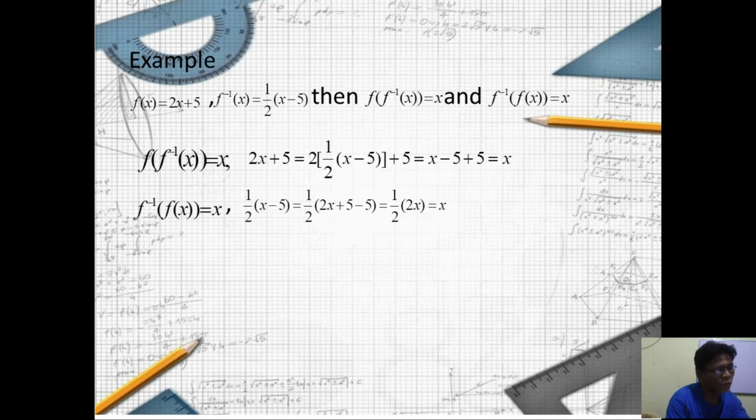You write first f inverse, 1/2 times (x - 5), then insert f of x, so 1/2 times (2x + 5 - 5). So it becomes 1/2 of 2x, and that equals x.